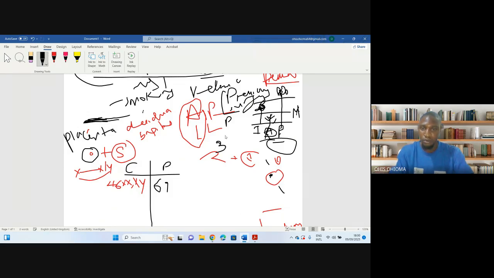That's 23 times 3, which is 69. So two sperms, which is 46 already, are coming to meet an egg that's already 23. When you sum this together, you have 69. So this patient will have 69, either XXX or XXY.